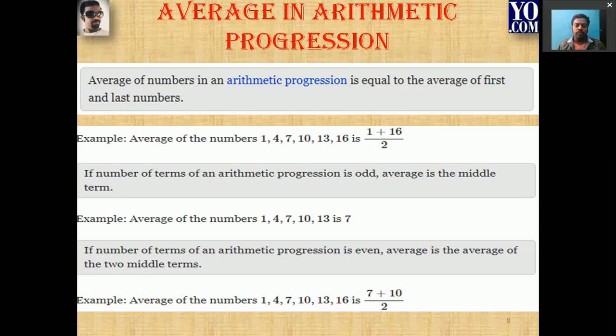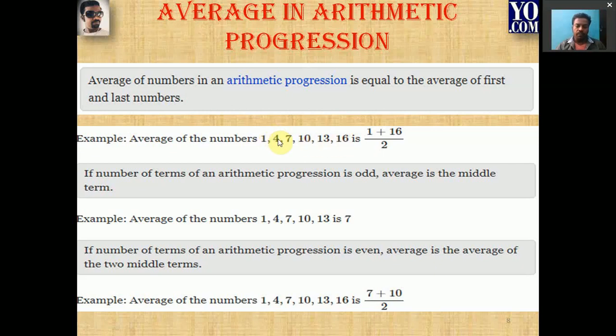The difference of each consecutive number is 3: 1 minus 4 is minus 3, 4 minus 7 is minus 3, 7 minus 10 is minus 3, up to the last number. Here we have 6 numbers. In this case the average of the numbers is the average of the first number and the last number. See, here the numbers are increasing in a constant way.